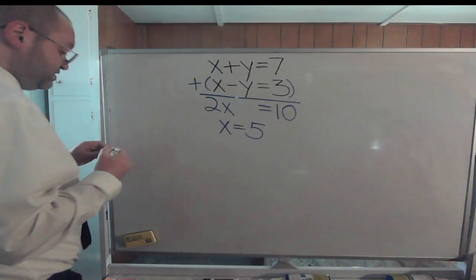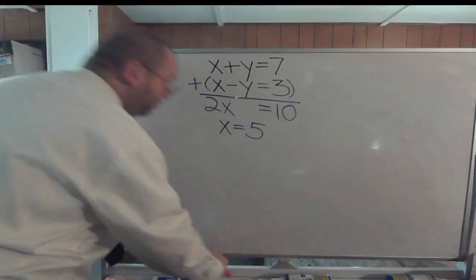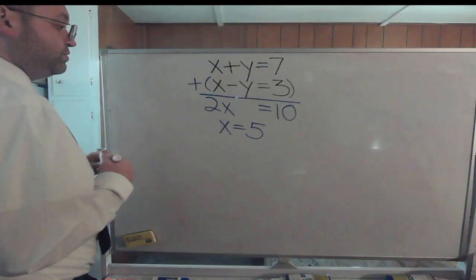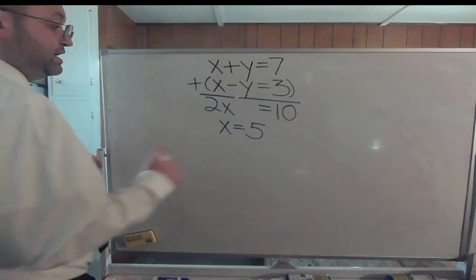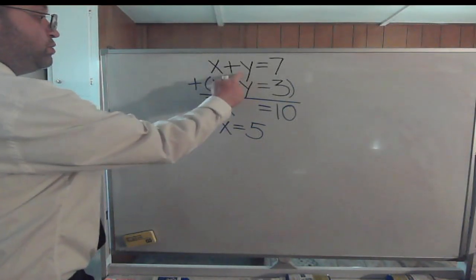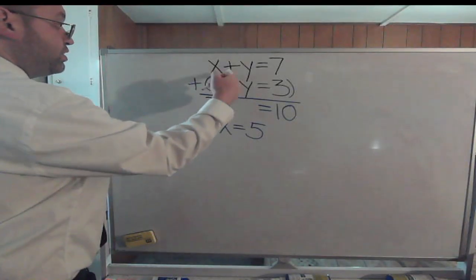You just get 2x equals 10, which we know then x would equal 5. So we found the x-coordinate of the solution. Now we need to find the y-coordinate. All you would have to do is take that x-coordinate and put it into one of the two original equations. It doesn't matter, we'll go with the first one.